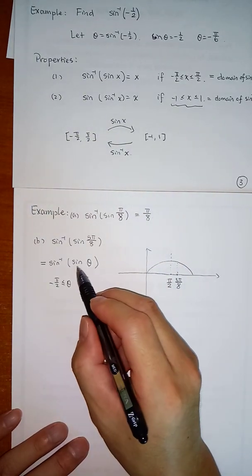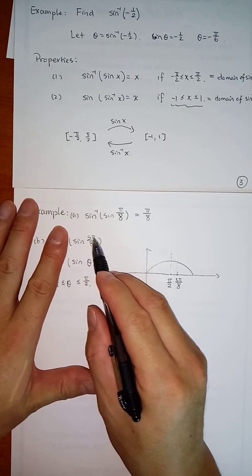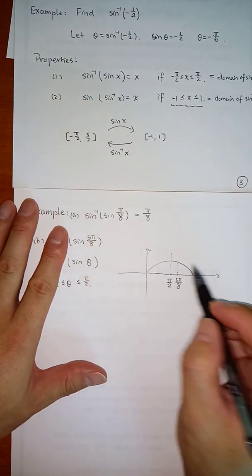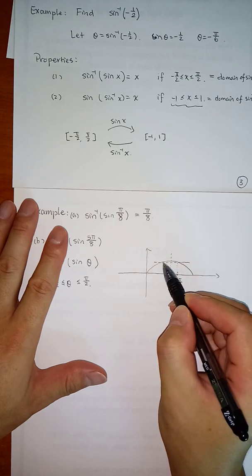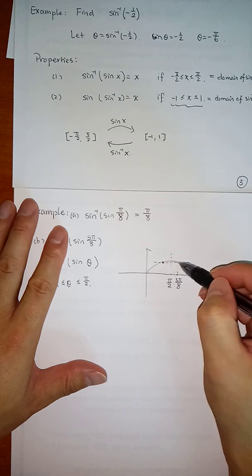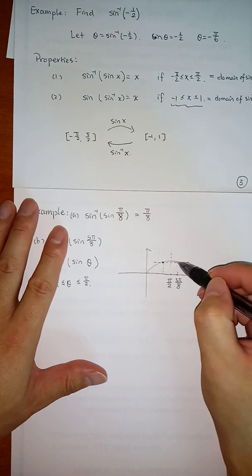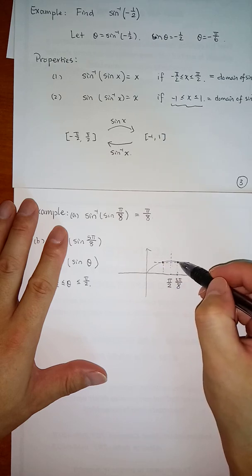So how do we get a value, sine 5 pi over 8 equal to sine theta? You draw the horizontal line, not tangent, sorry. You draw the horizontal line, it intersects the sine at 2 points. So you will see this intersection point and this intersection point.